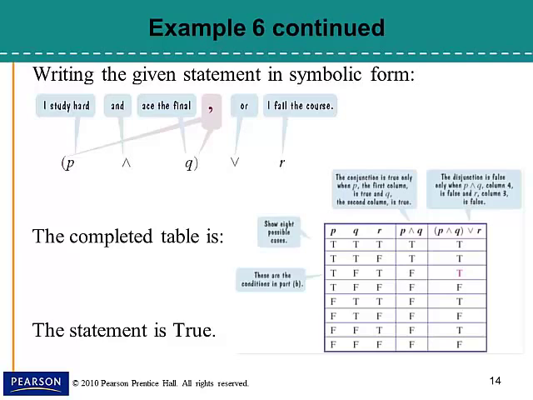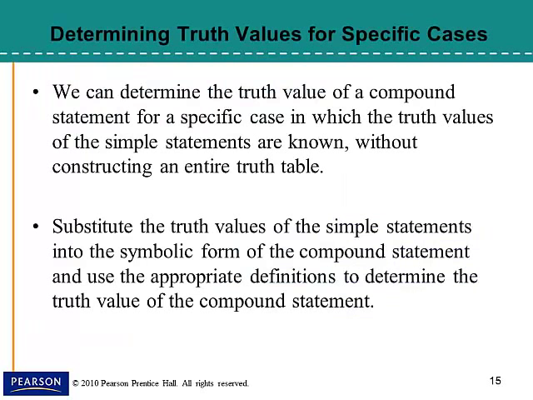I'm going to give you a minute to look at this. Here, when we're trying to find a specific case of a truth value, we just replace the statements with T or F and then work out the rules.